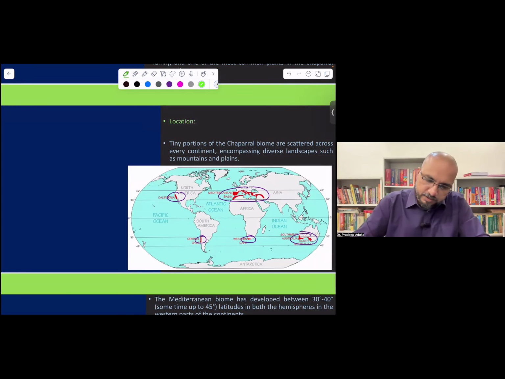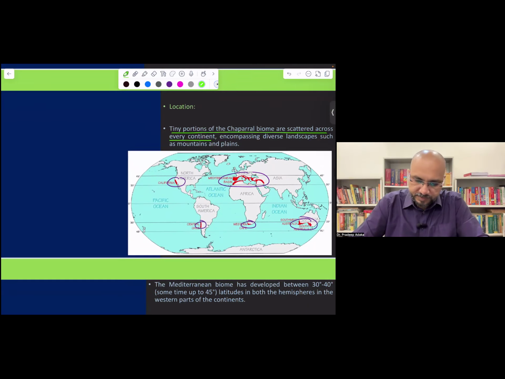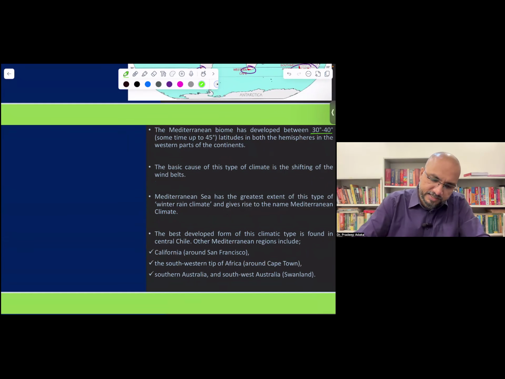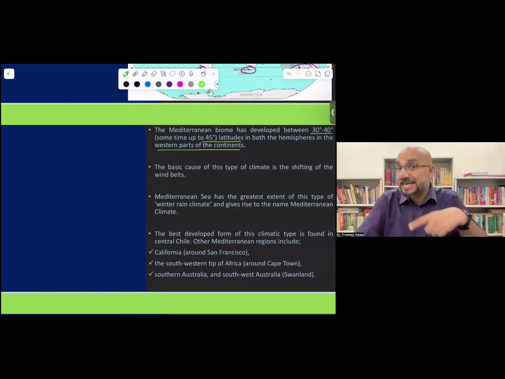Tiny portions of chaparral biome are scattered across every continent. The Mediterranean biome has developed between 30 to 40 degrees, sometimes up to 45 degrees latitude, in both hemispheres on the western parts of the continents.